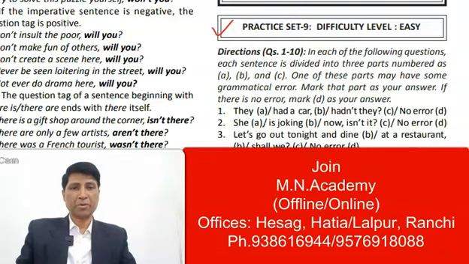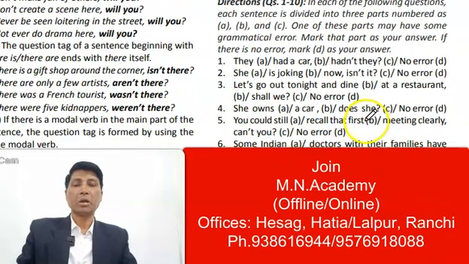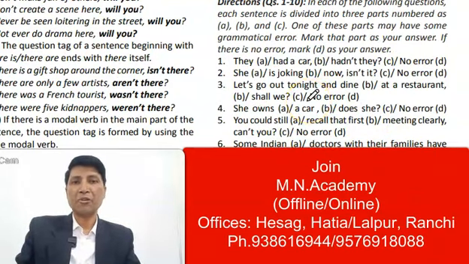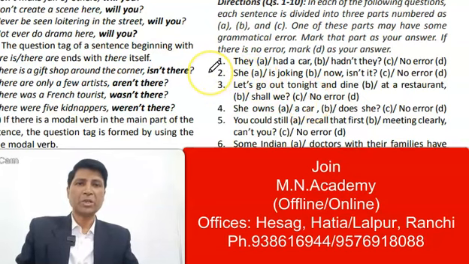Look at the first question and try to recall that first of all you have to find out the verb aspect. So let us read the first question. They had a car, hadn't they? Now the verb aspect of had is to be found out. Can you tell me what is the tense of this verb?